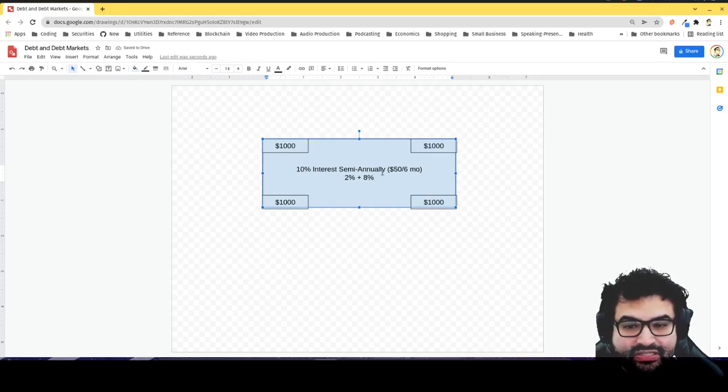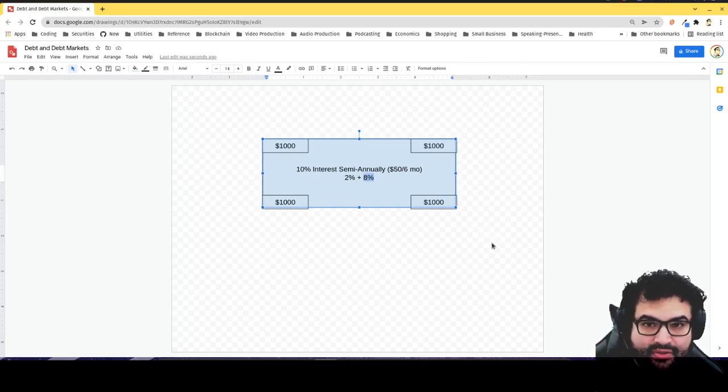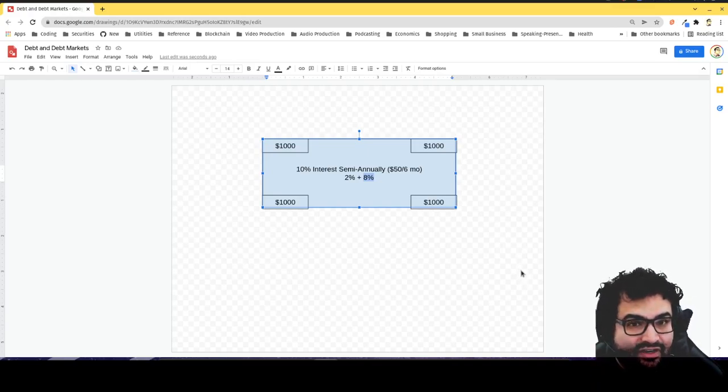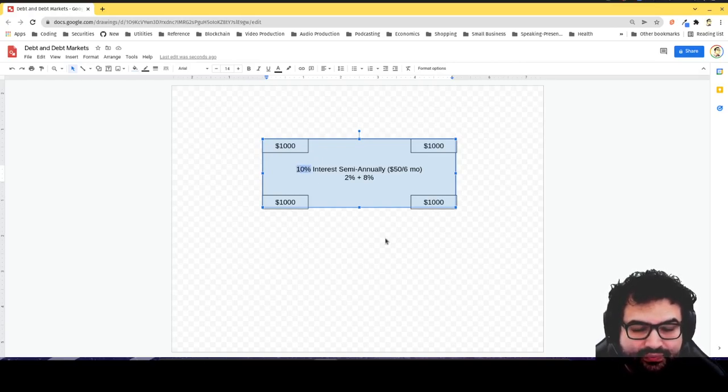So this is my risk premium. This is how much extra you have to get because of the risk that a company of this credit rating and size carries, which the market apparently reflects. I know this because I can look at similar companies. And then this comes up with a 10% coupon, which is the original rate of return of this loan. So that's how we would determine the interest.